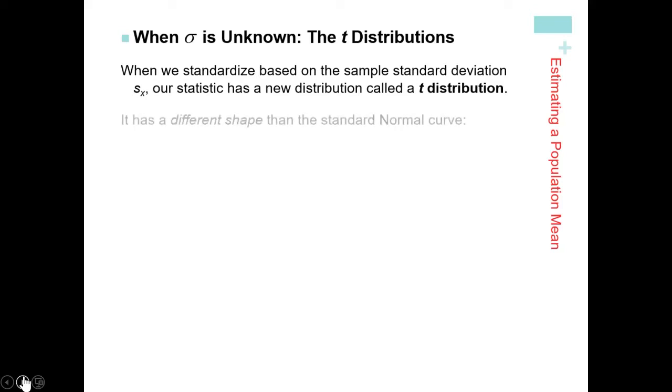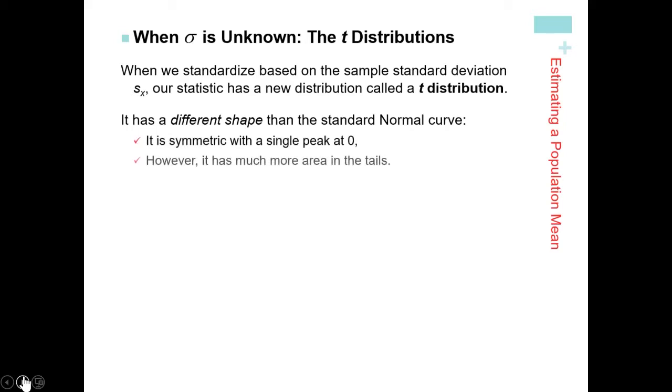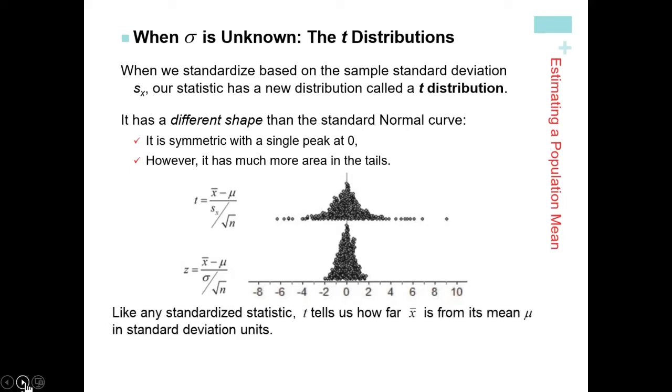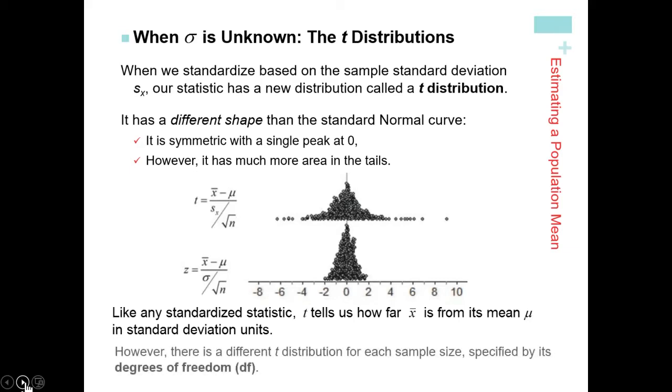We're going to need to use a t distribution. It's still symmetric at 0, but it's got much more area in the tails. So this is a t distribution versus our usual normal distribution, because there's more variability in sampling versus the population. So it's a different score. It's going to have a different table. You're going to find it in a different menu on our calculator.